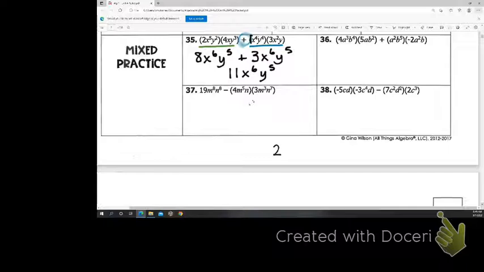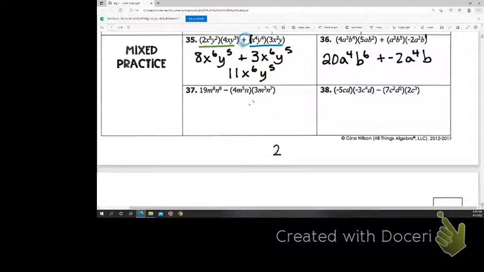So I'll do one more of these, and then I'll pause, and I'll just give you the answer so you can check yourself on 37 and 38. So 5 times 4, a to the 4th, b to the 4 plus 2 is 6, and then over here I have negative 2, a to the 4, 2 plus 2, b to the 5 plus 1.